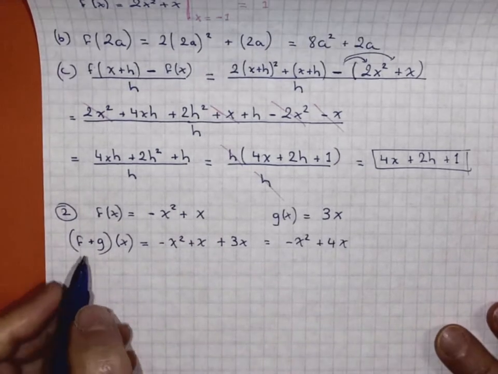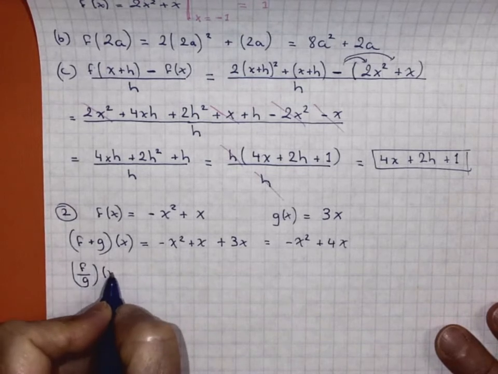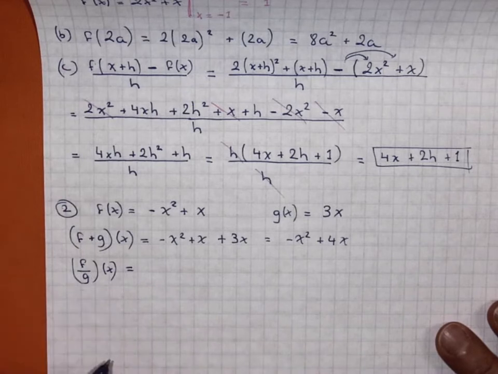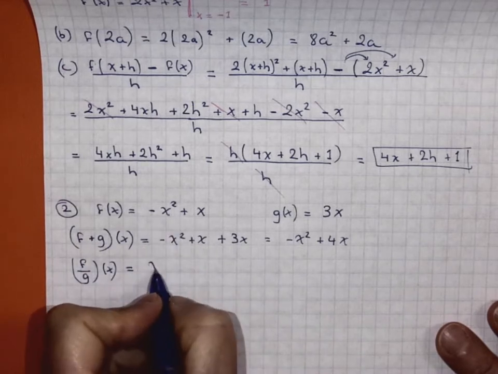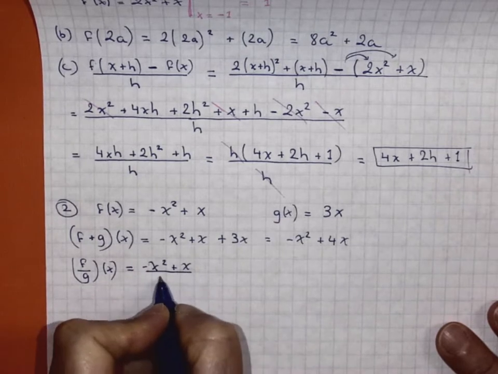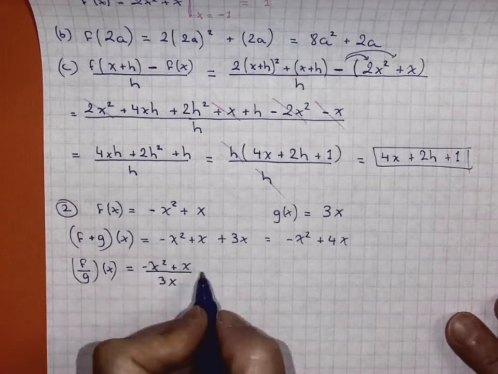What if I wanted to divide them? Well, (f over g) of x, function notation for the operation of division here. So the f of x, I want it on the top, so negative x squared plus x divided by 3x. Now I notice I could factor out an x, and that will then simplify with this one.